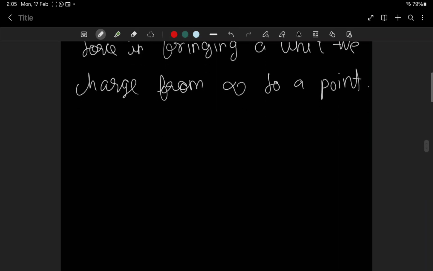So really, if you need, you can write it as, okay, let us take something. You know that work done is equal to integral F dot dx, right?